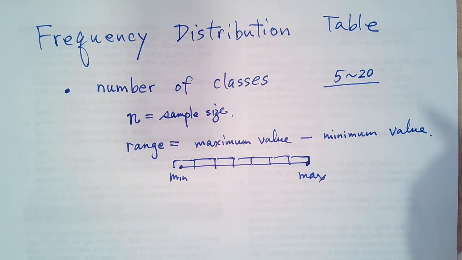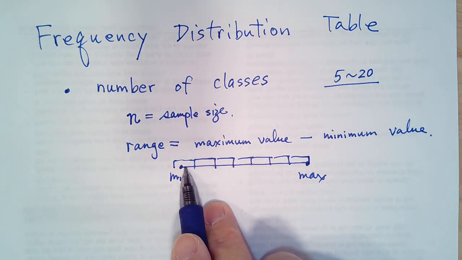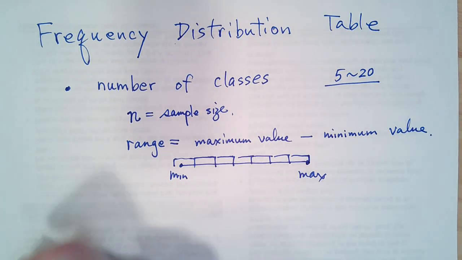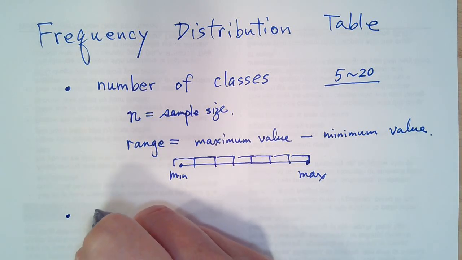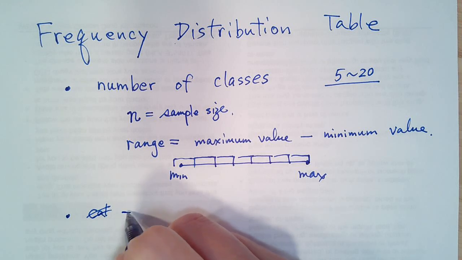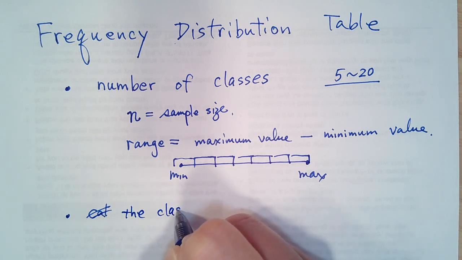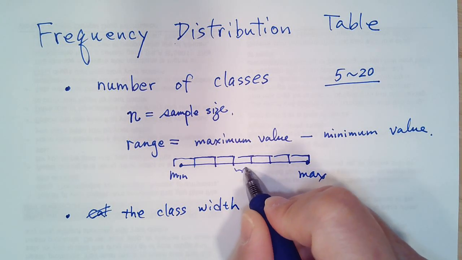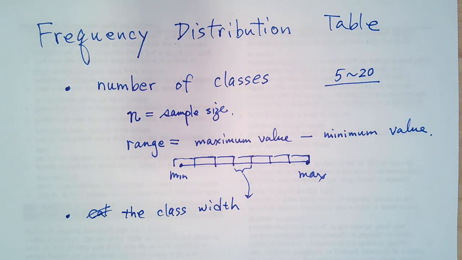I might need one more, but anyway, in this case we have 7 classes. Now again, this is pretty tricky. We are going to calculate the class width, which is how wide each class is. I want each class to have the same width.